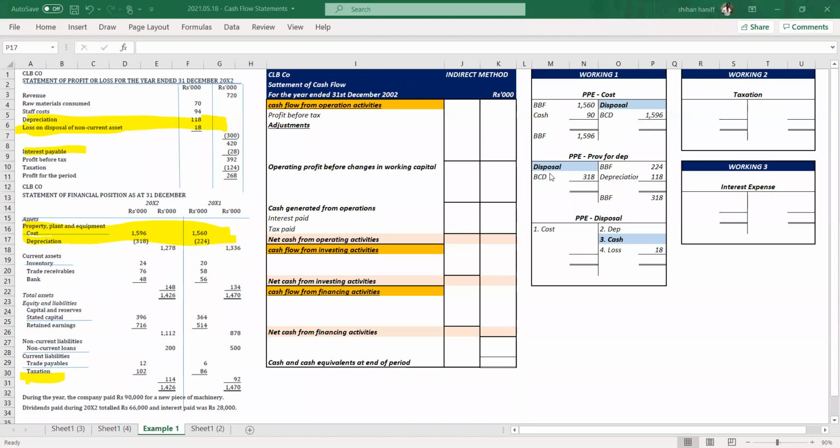Disposal, I got one answer, 54. Let's check the answer. PPE 1650. So 1650 minus 1596 is 54.